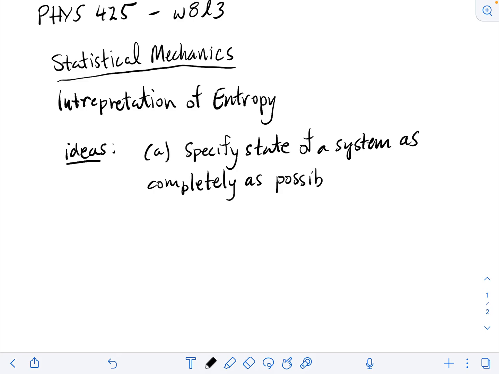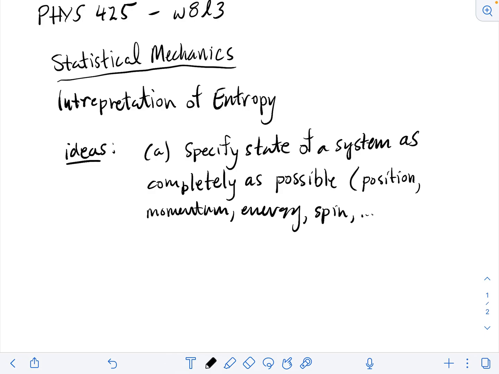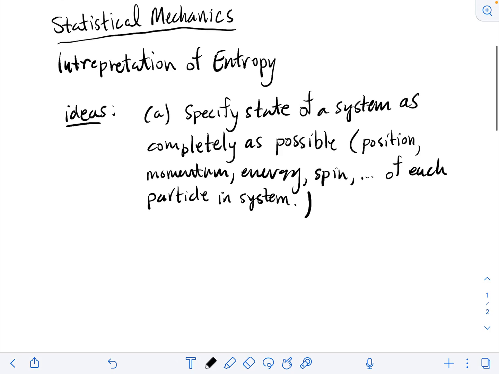That means we might identify the position, momentum, energy, spin, and so on of each particle in the system. And then for each of the possible states of this system, we'll call that a quantum state or a microstate.